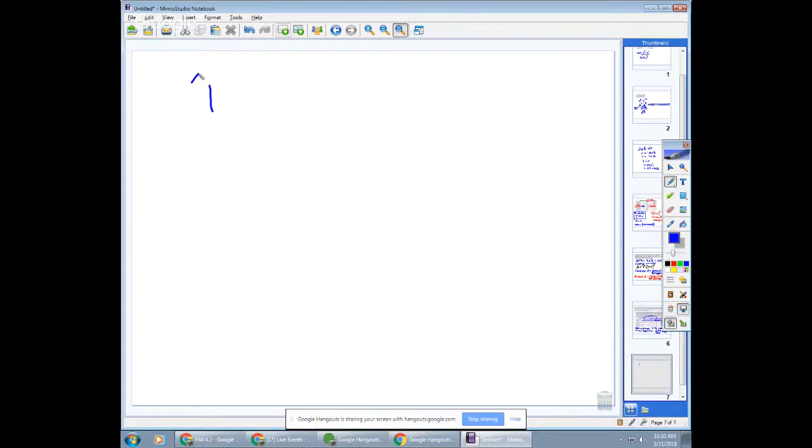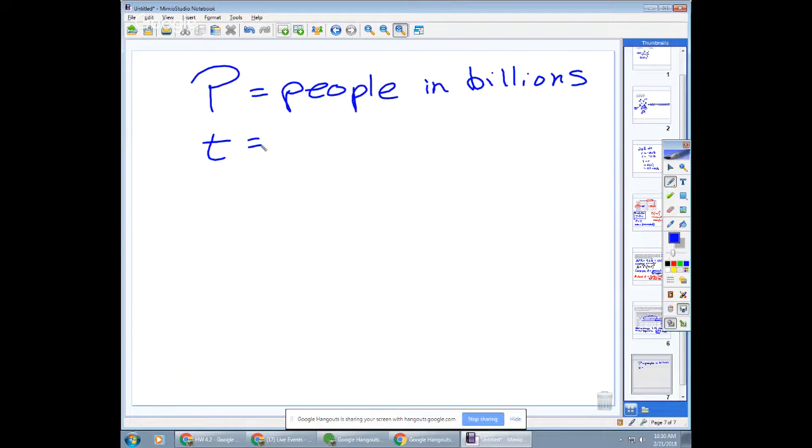So variables here, P is going to be the number of people in billions. It's always a good idea to write down what your variables mean. And what's our time going to represent? Years after 2010. So important things there that it's years, not months or days, and that it's after 2010.